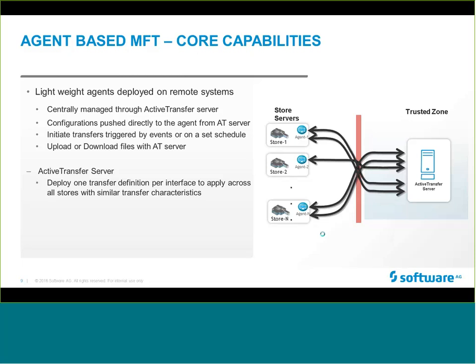Typically, you may have common file transfer characteristics that apply across a whole set of stores, bank branches, or systems. So you want to define one interface that captures the file transfer across all of these stores. That makes your management a lot simpler and easier, rather than defining file transfers for each and every remote location. Those are all the benefits that ActiveTransfer brings to the table.